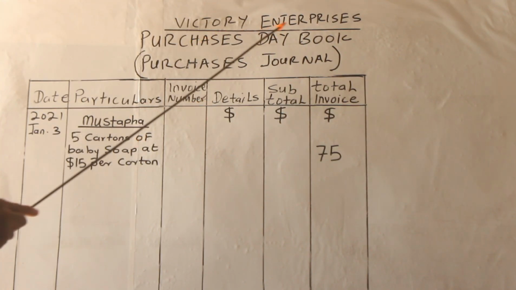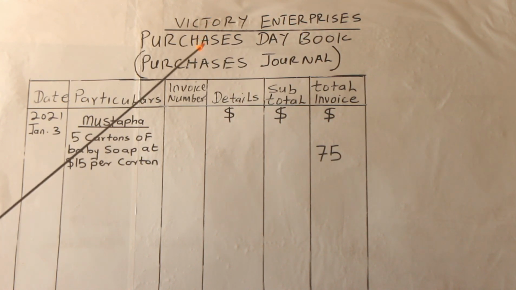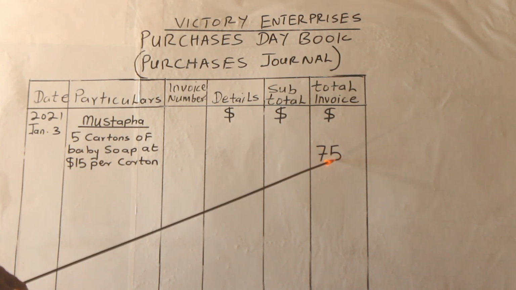Now we have Victory Enterprises and we are preparing the purchases daybook, or the purchases journal, for Victory Enterprises. Let's assume that on January 3rd, 2021, Victory Enterprises purchased from Mustafa 5 cartons of baby soap at $15 per carton. Now, each carton is $15. We multiply it by 5, that is 5 times $15. That gives us $75.